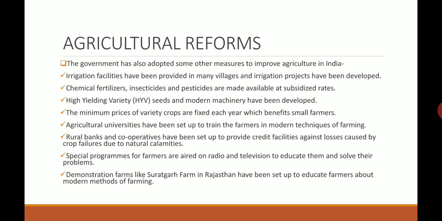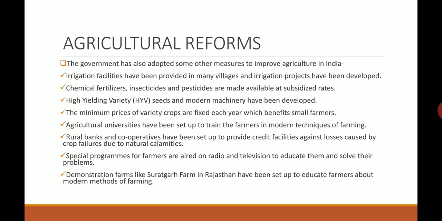There are special programs made for farmers, which are aired on radio and telecast on television, so that the farmers could get educated and solve their queries and problems hand to hand.